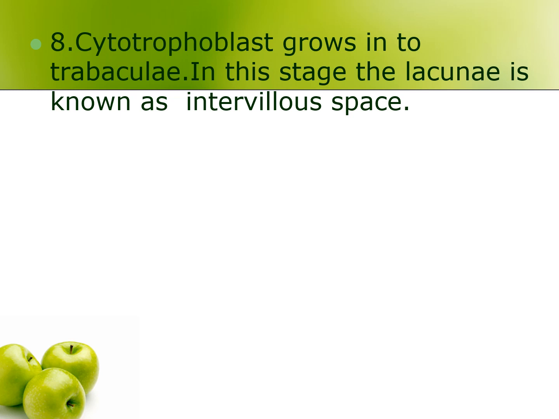So in the previous picture, once again I will draw it here. This is syncytial trophoblast. Again, this is syncytial trophoblast. Again, it's syncytial trophoblast. That is, now we are not calling it syncytial trophoblast, we are calling it trabeculae. This is lacunae. Lacunae, this is there with the maternal blood, and here we know that cytotrophoblast is there.